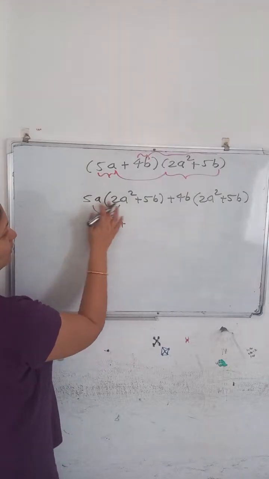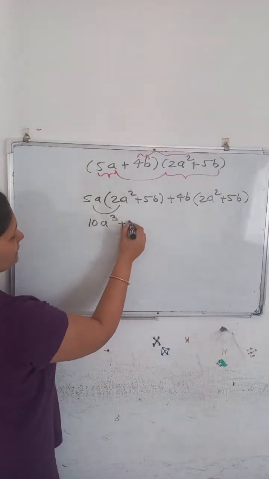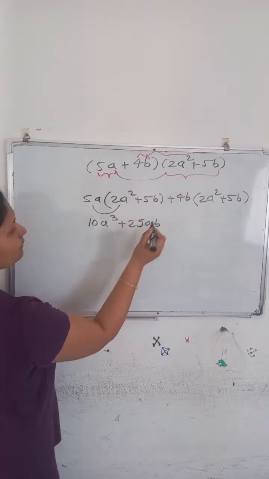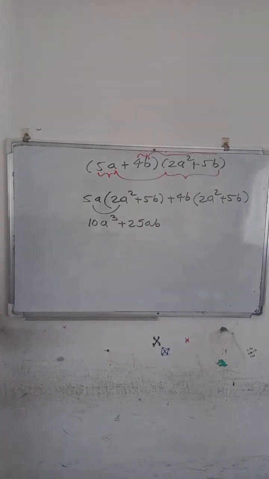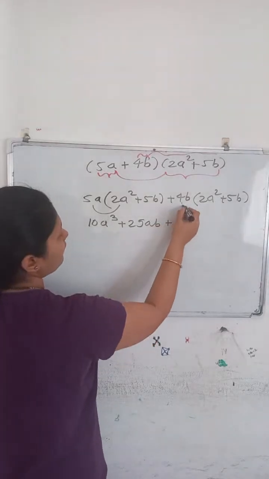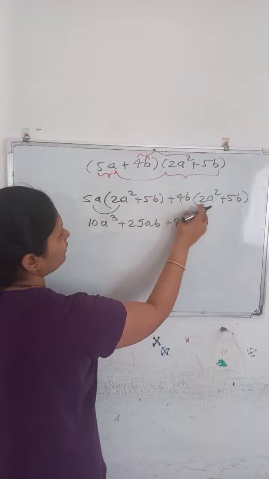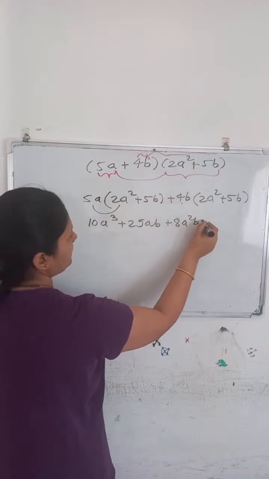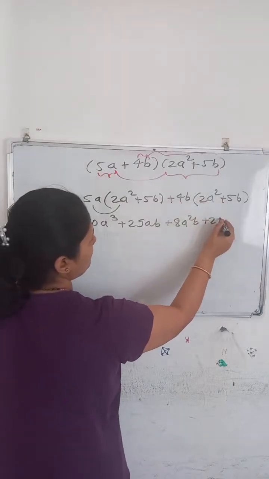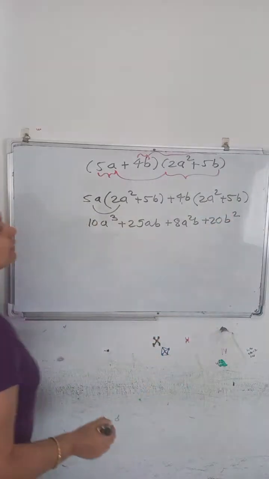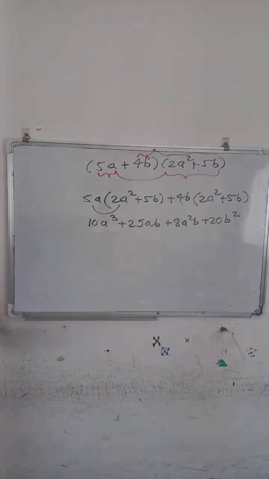Plus 5A into 5B, that is 25AB. Here no powers are added because they are different variables. Plus 4B into 2A square, that is 8A square B, plus 4 into 5 is 20 B square. This is the product of the given two terms. Getting this? How we did it?